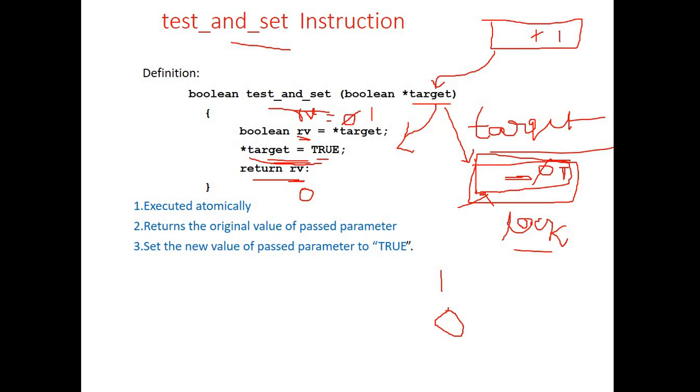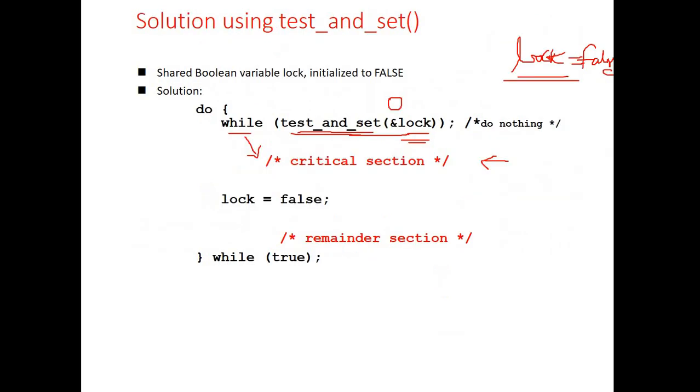Then the test and set function returns to the calling function whatever value it received at the beginning in the target variable, that is, the RV value 1. So when 1 is returned here, the while loop test condition is true. That means the while loop will not terminate, it will repeat.